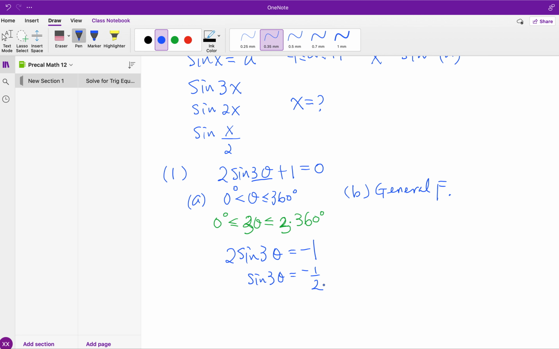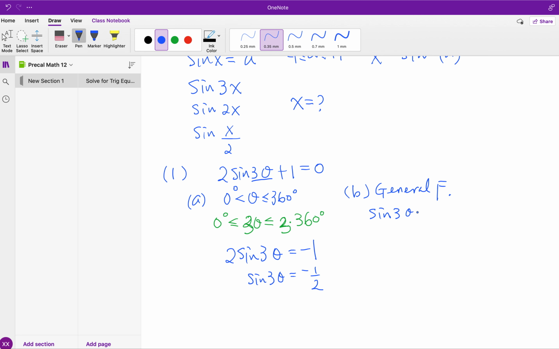Because the reference angle will be positive, the reference angle 3 theta equals positive 1 over 2.